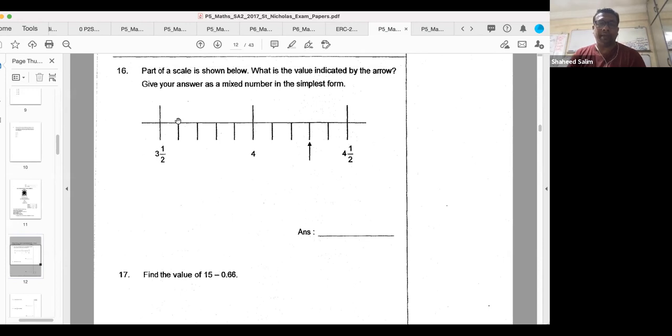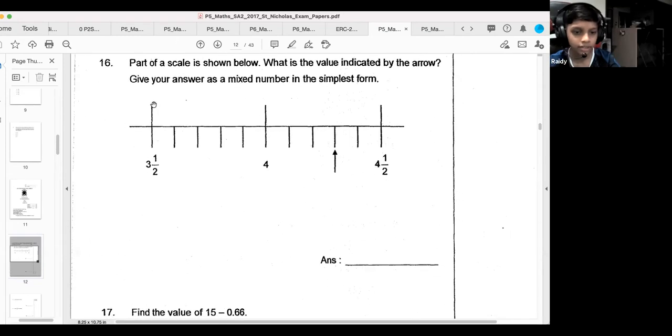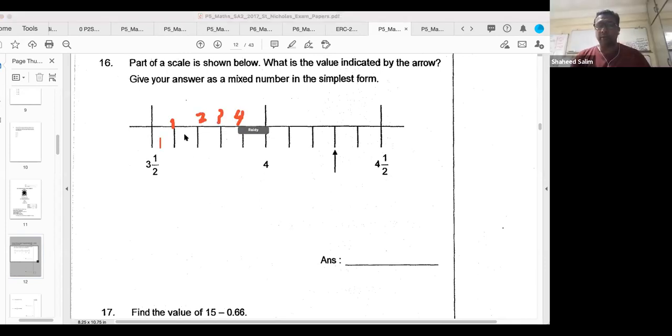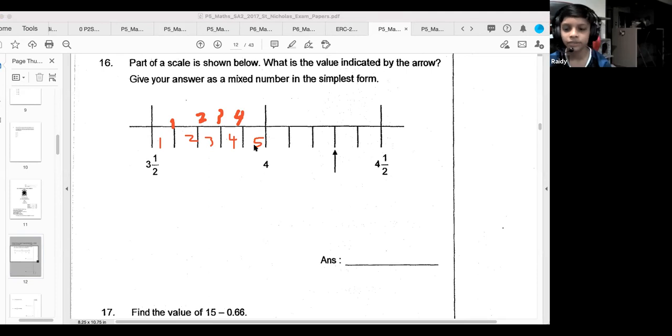Ready? Can you maybe explain how you do number 16? Putra, for the second one, correct? Okay, yes. So for the first one, okay, this is 1, 2, 3, 4, 5. There are 5 parts, and because this is half, you times 2 and you get 10.